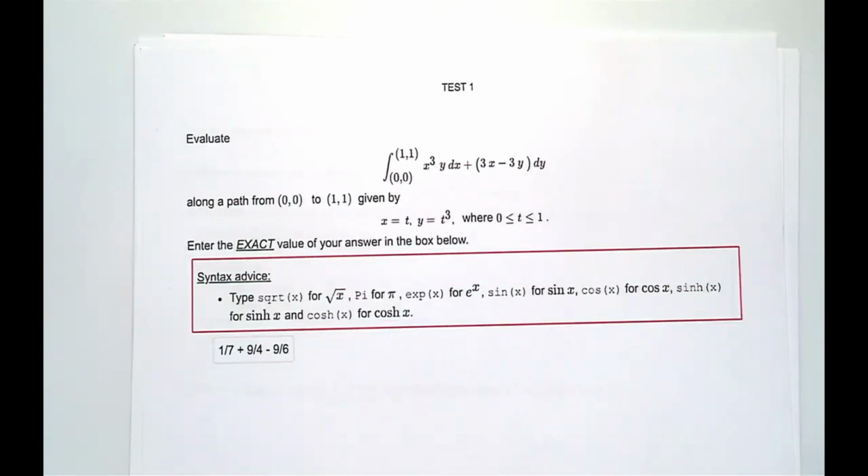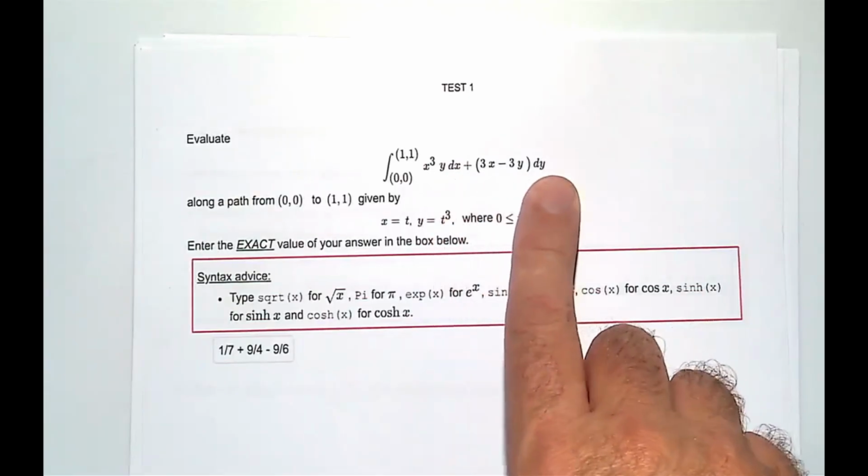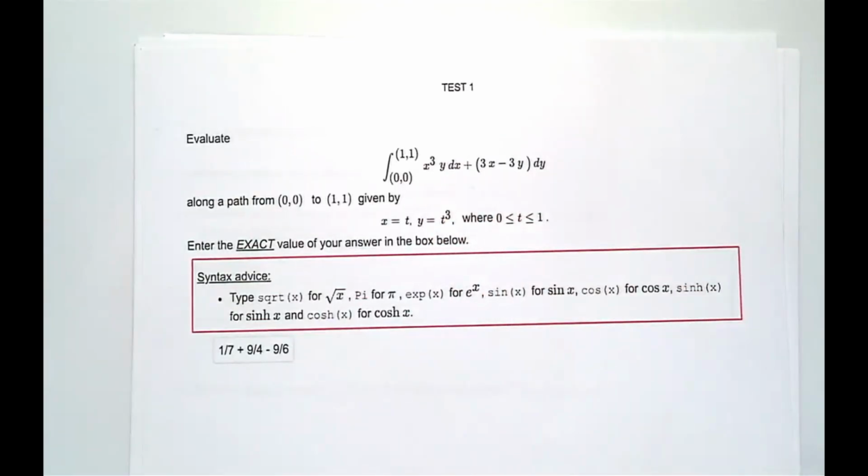This is an example, and it looks a little bit different to what I did in lectures, so I wanted to explain the notation here. Let's read the question carefully. You've got this weird dx, dy. What is going on with that? Let me put it into some context.